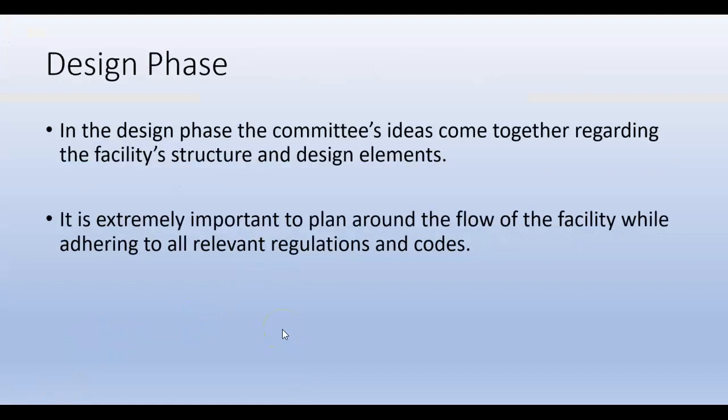In the design phase, the committee's ideas come together regarding the facility structure and design elements. It's important to plan around the flow of the facility while adhering to all relevant regulations and codes, right? There are regular codes that you have to abide by, like exits and a fire plan and all those things. Those are state mandated and so forth.